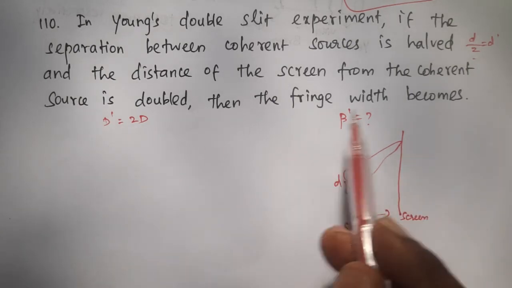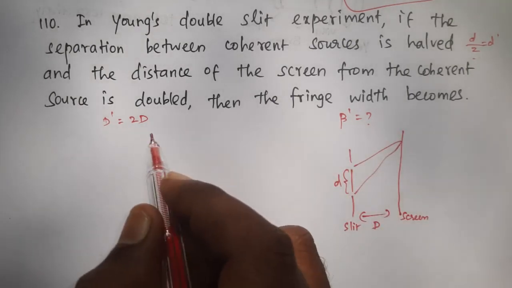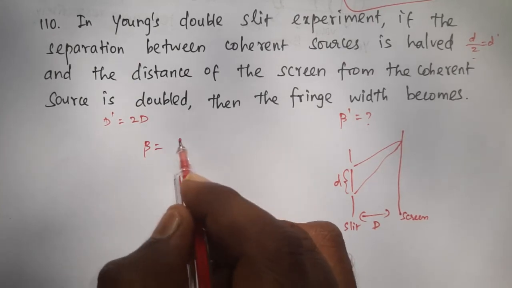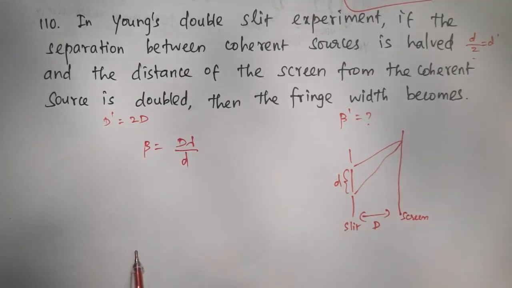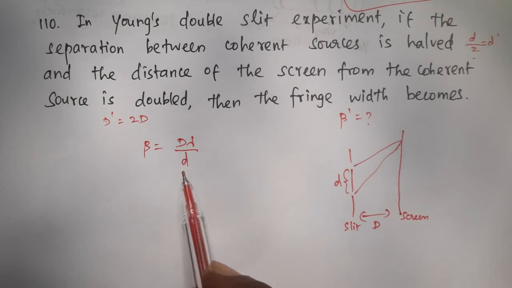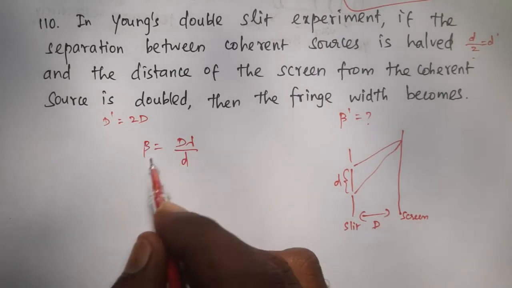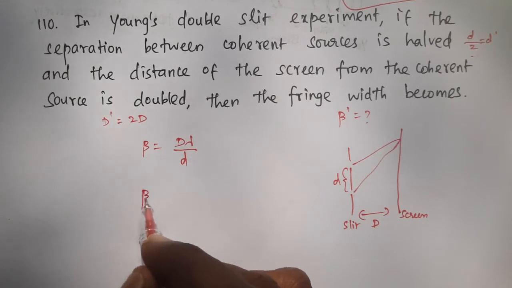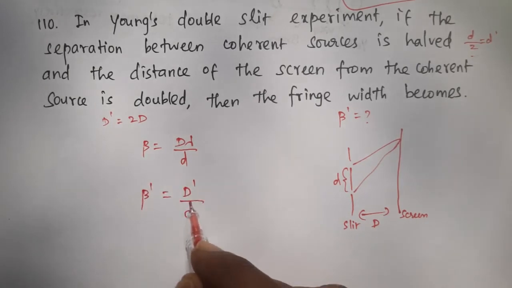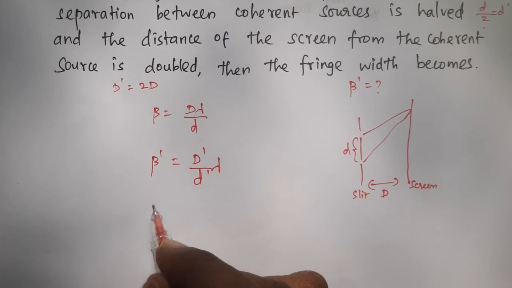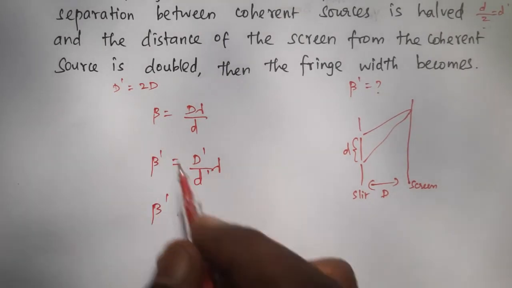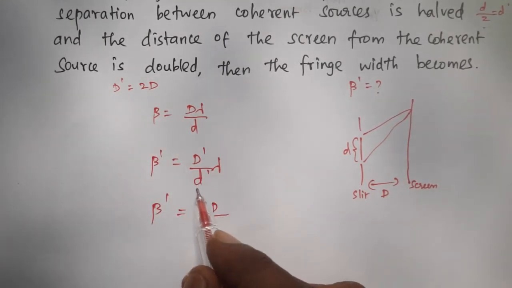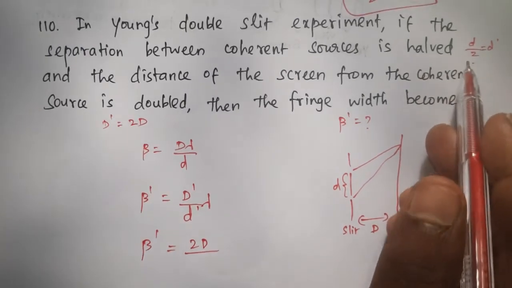Now what is the new fringe width, beta dash? We know that beta is equal to D lambda by d. Now changes are only in capital D and small letter d, so that fringe width is going to change. So beta dash is equal to D dash by d dash into lambda. Beta dash is equal to, D dash value is 2D, then d dash value is d by 2.